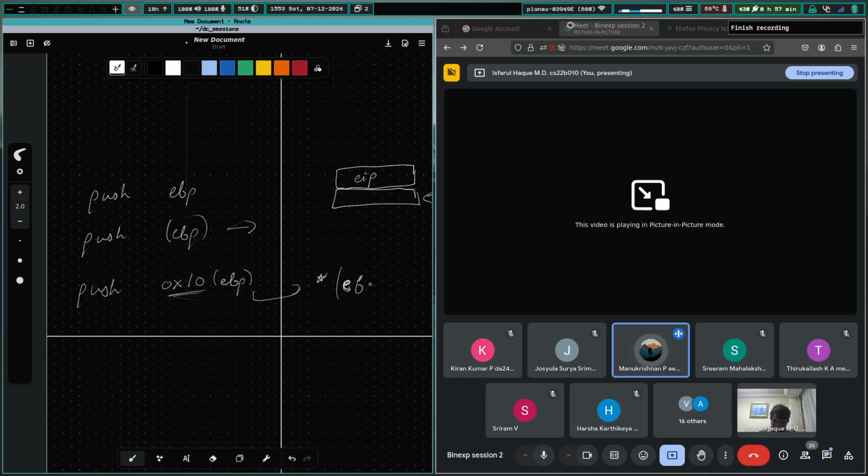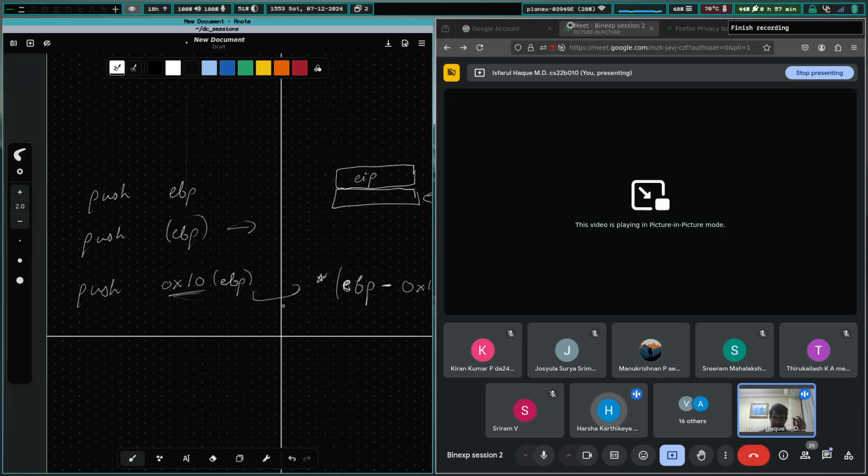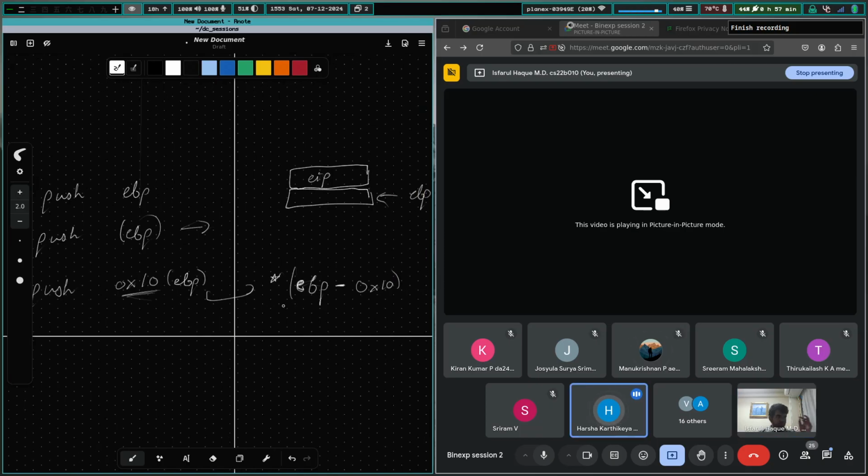Shouldn't the bracket enclose 10 as well? If that is okay, I assume this is the syntax. Yeah, that's just the syntax. There's nothing I can do about it. Okay, so you get the dereferenced value and then you push it onto the stack. Yes. Okay. And this all happens at once.